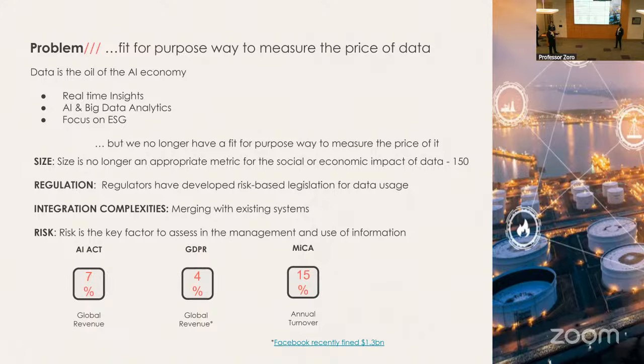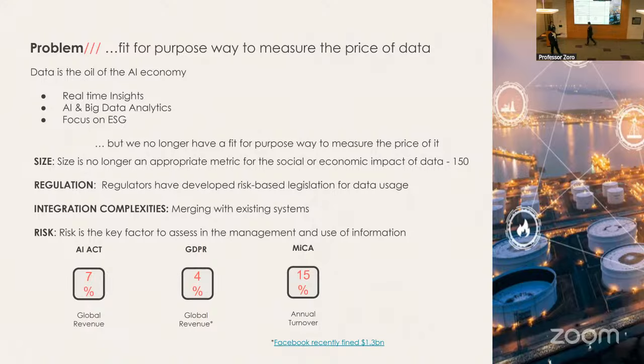So we try to look at the level of risk that is associated with certain data groups. You could see that in different economies there are some acts, and there are some fees that are charged when it comes to data breach.